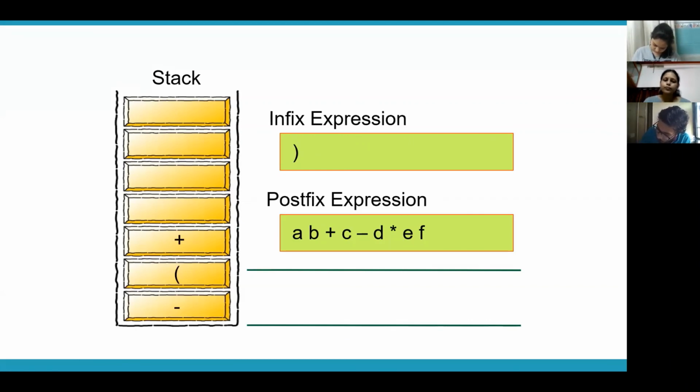So what we have to do? We have to pop plus and append it to the postfix expression, and left parenthesis will go away from the stack. Now we have finished scanning our infix expression, but there's one person left inside our stack. So what we'll do? We'll pop that person and append it to the postfix expression. So minus has been appended to the postfix expression.